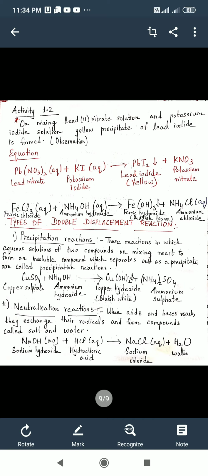Since here also exchange of ions takes place, this is also a type of double displacement reaction. So in today's class we have studied two types, that is displacement and double displacement reaction.